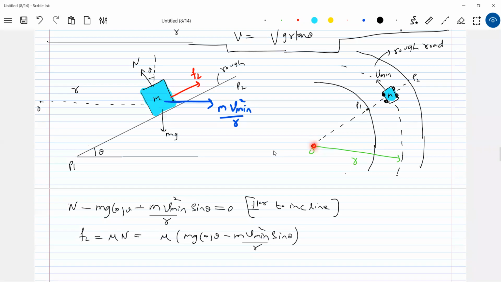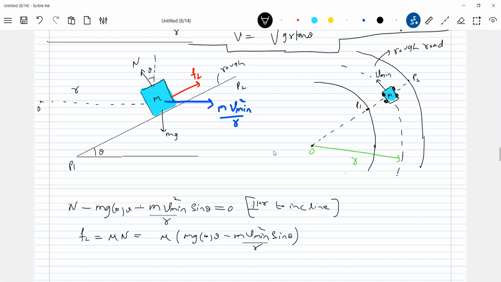There you are also going to see the car all the time. Then you can show this pseudo force or centrifugal force. Or if you are somewhere here on the road, you should not show this pseudo force. What you should write is N sine theta minus FL cos theta equal to m v minimum square by r. Are you getting the idea now?